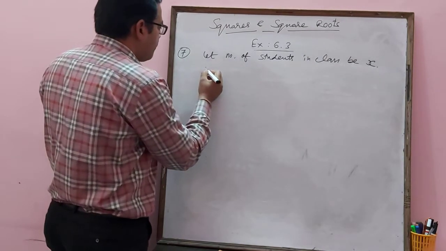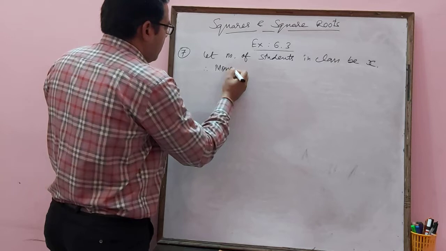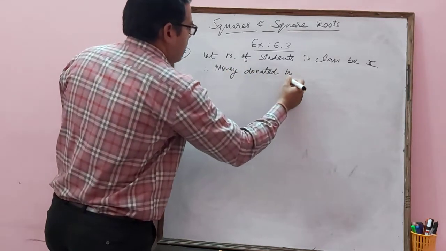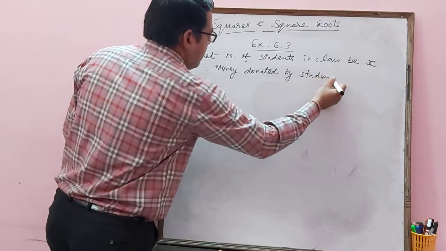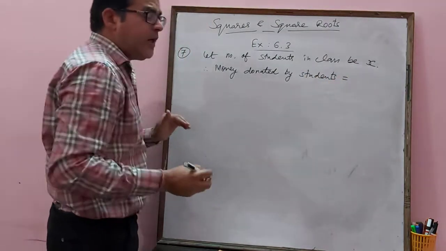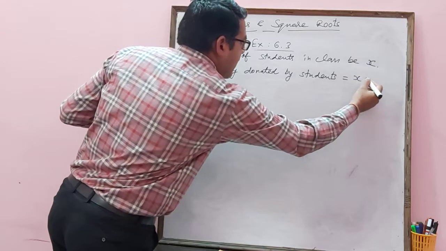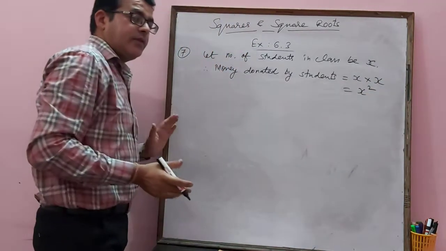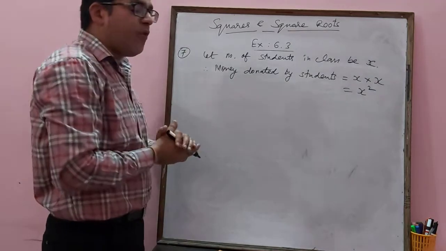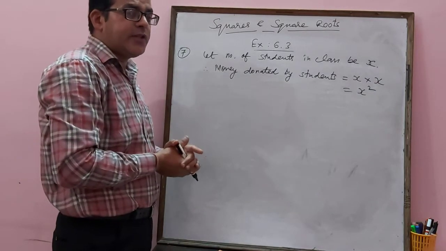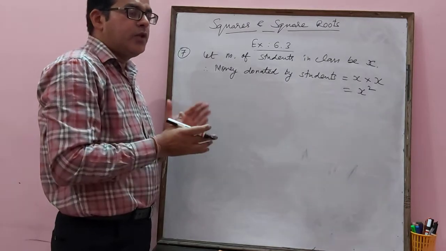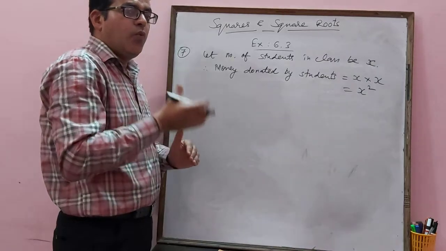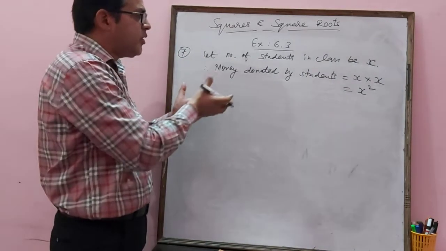So the money donated by students, how much did they donate? They donated as much as there are students in the class. Suppose there are 40 students in the class, so each student donated 40 rupees. So what will be the amount? 40 into 40, that is 1,600. The same situation is there.